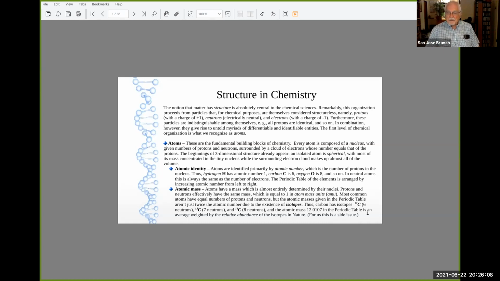So most of the mass is in the nucleus. Protons and neutrons have just about the same mass, and we tend to use atomic mass units, AMU, to talk about atoms. Protons and neutrons each have a mass of about 1 atomic mass unit.